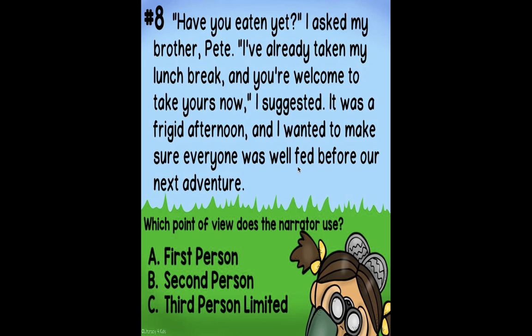The narrator's talking about you, but he then talks about himself, and he says, I asked my brother. I've already taken my lunch break. I suggested. I wanted our next adventure. So that makes it first person. So don't get tricked because he's asking a question to someone else. Okay, so that one might have been a little tricky.